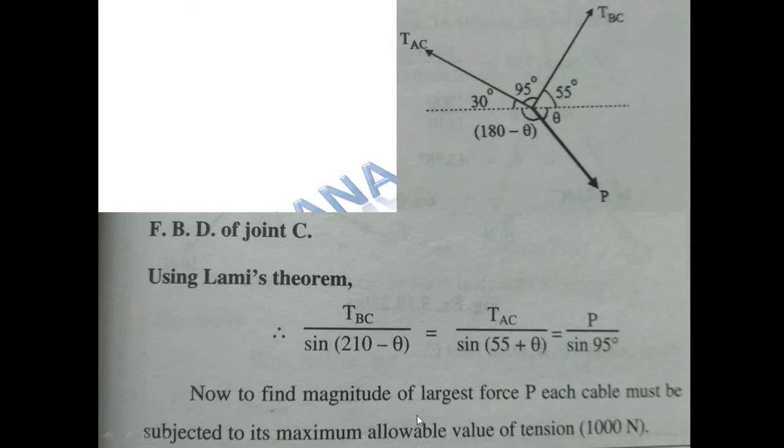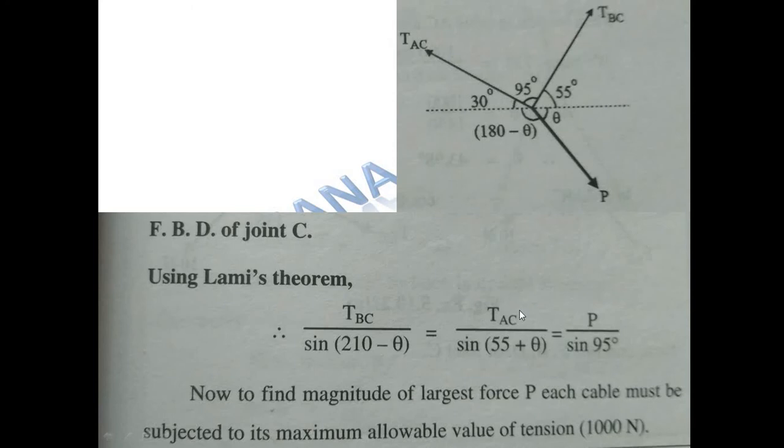Now to find the value of P, the largest value, the cables are subjected to the maximum allowable tension of 1000 Newton. Means the tension in BC and the tension in AC are equal to 1000 Newton. The value of both is 1000 Newton.